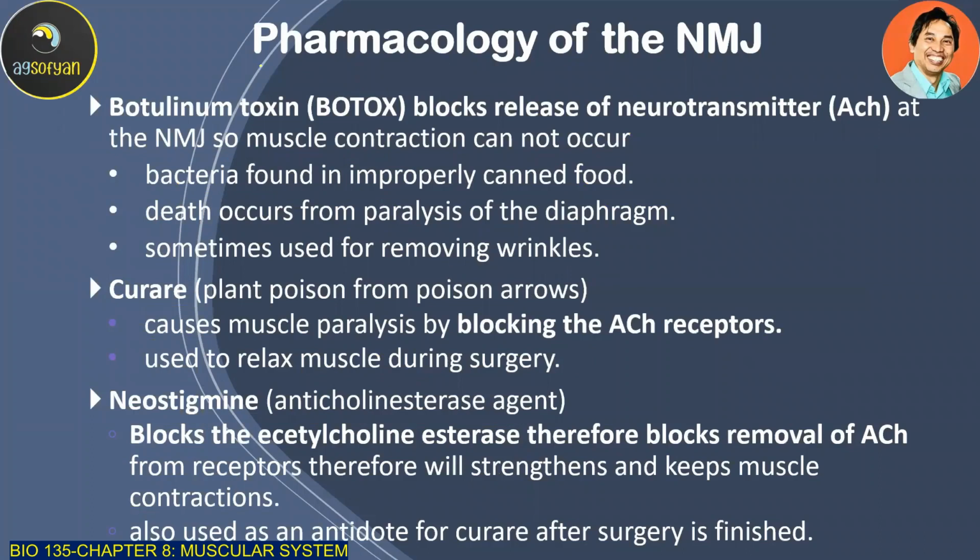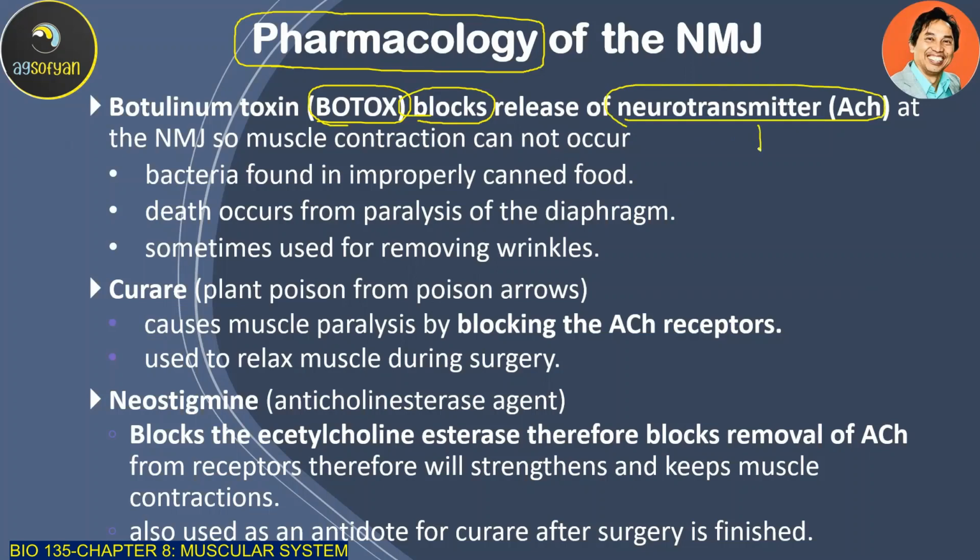Now, there are several agents or chemicals that are able to change these contractions in the muscle tissue. For example, Botox, botulinum toxin, is produced by bacteria. It will block the release of neurotransmitter from the motor neuron. What is the result?